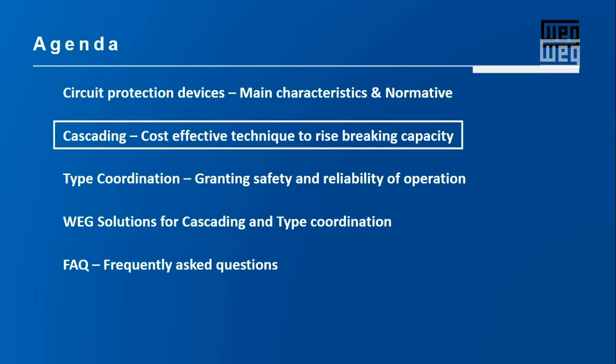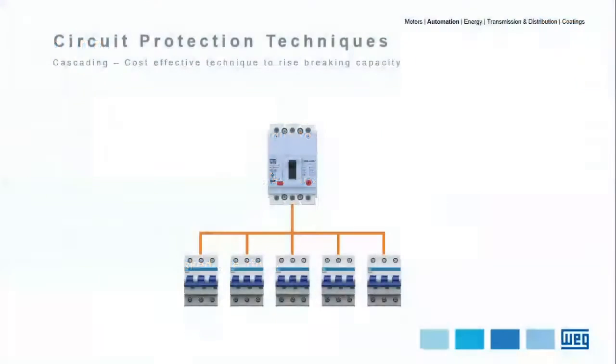Moving to the first technique, we will now check the cascading, which is a cost-effective technique to raise breaking capacity. With this technique, the upstream breaker limits the fault current or prospective short circuit current in a way that the downstream breakers can operate at normal conditions at that given SCCR.